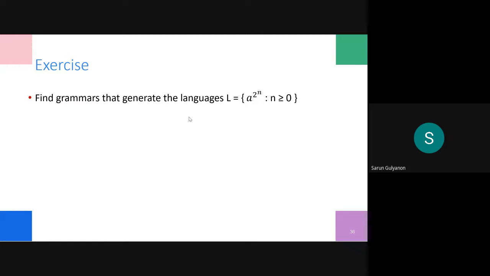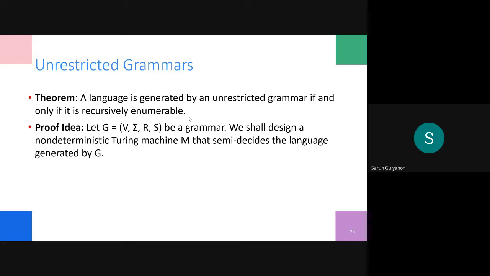I will not go into the details, but you should get the idea that we can read the whole thing, starting from the starting symbol, and then have a set of instructions in the Turing machine to convert it according to the rules in the unrestricted grammar and so on.